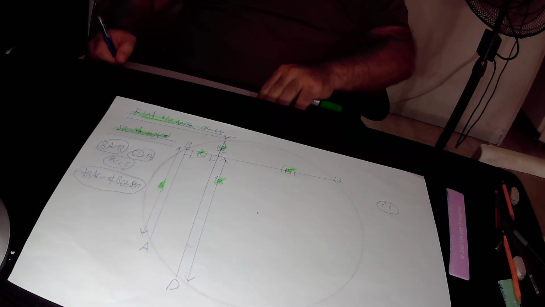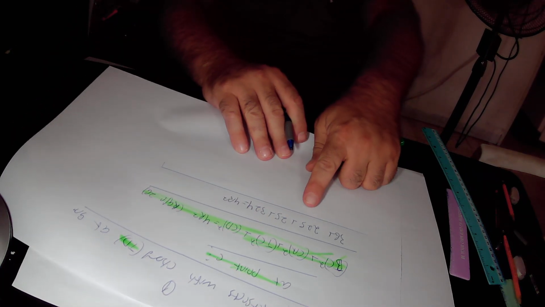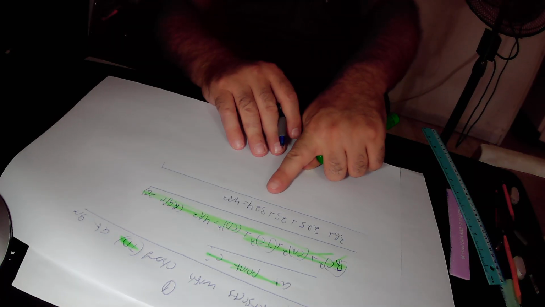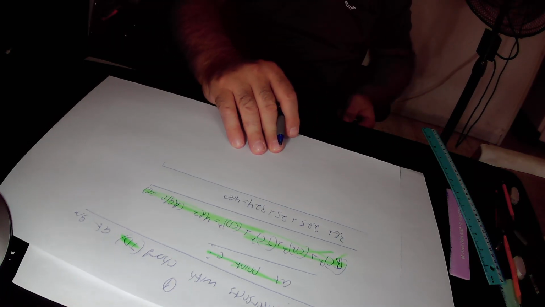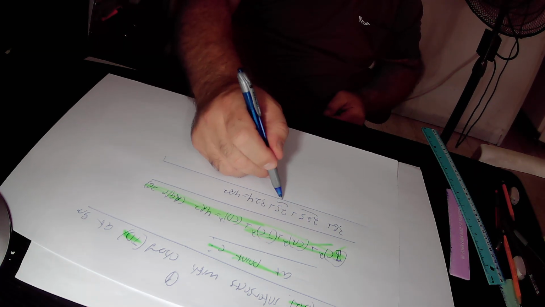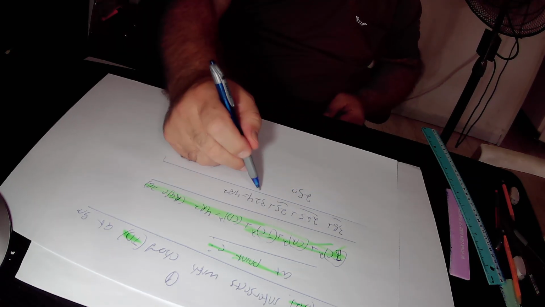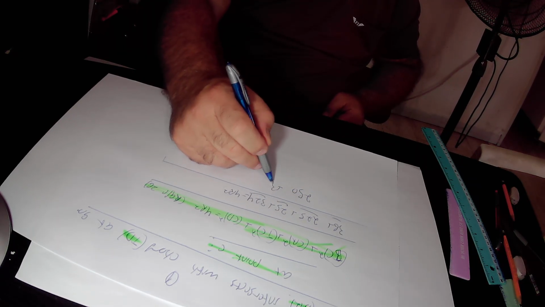So in total we found out that 36 plus 225 plus 25 plus 324 equals 4R square. 225 plus 25 is 250, and 36 plus 324 is 360.